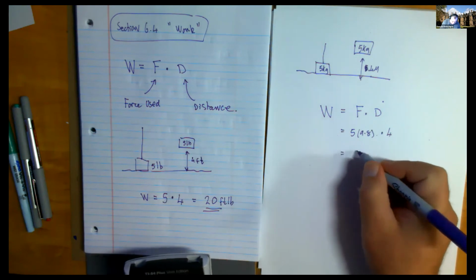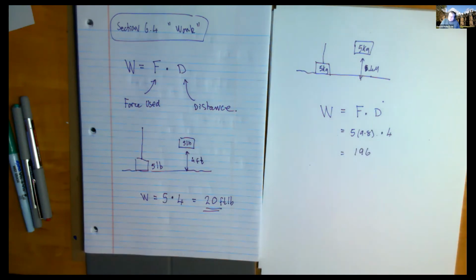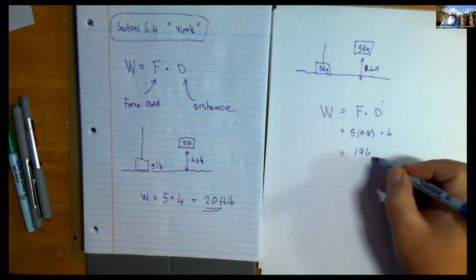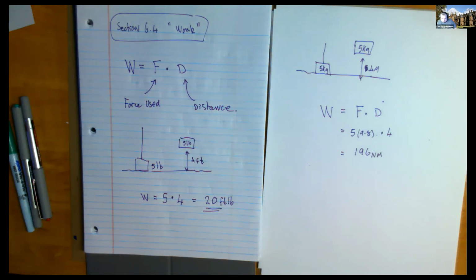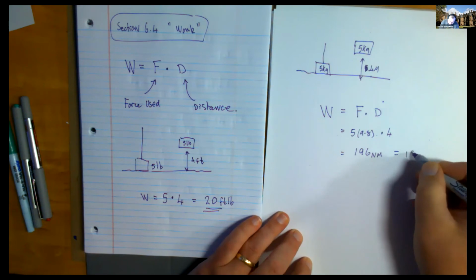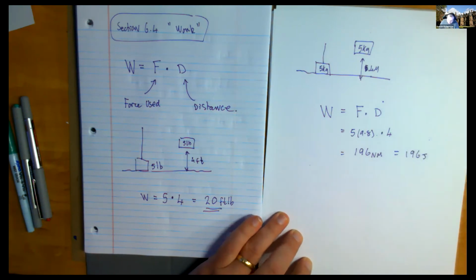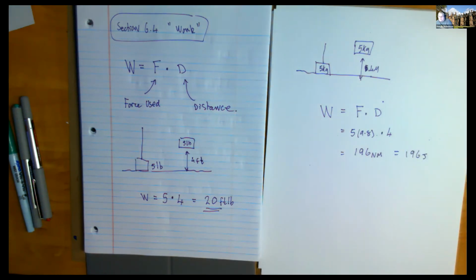And the answer I get is 196. And force is in newtons and distance was in meters. So we call it 196 newtons. I believe that's the same thing as 196 joules. Does that make sense for those people who've done this?